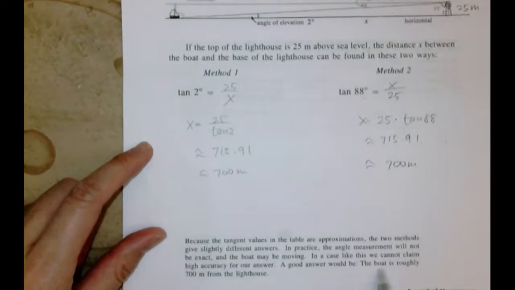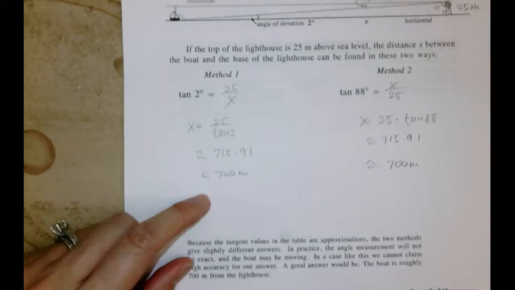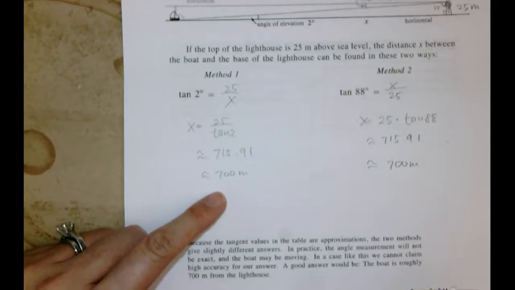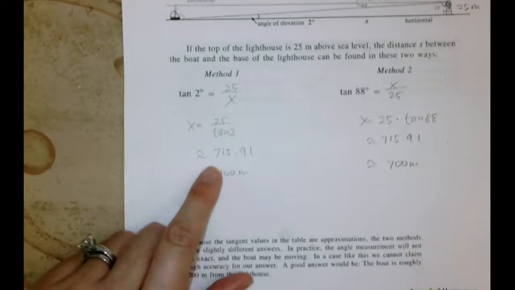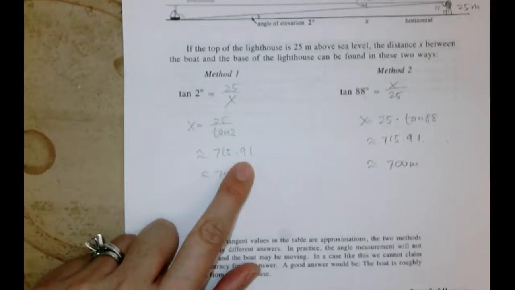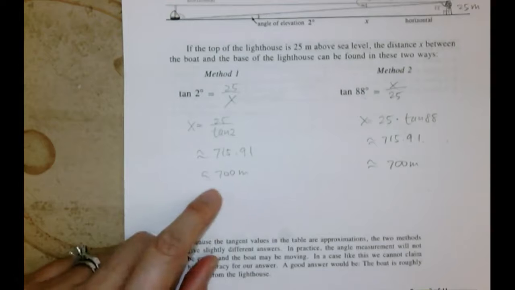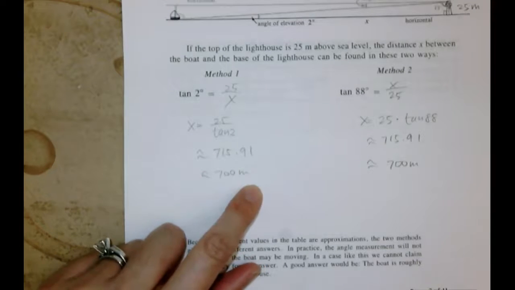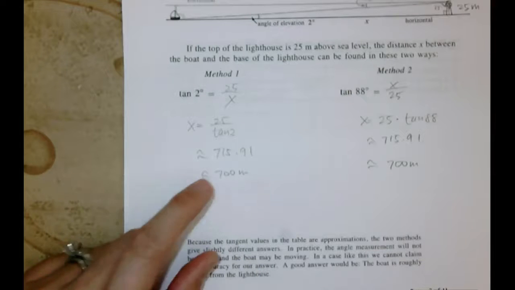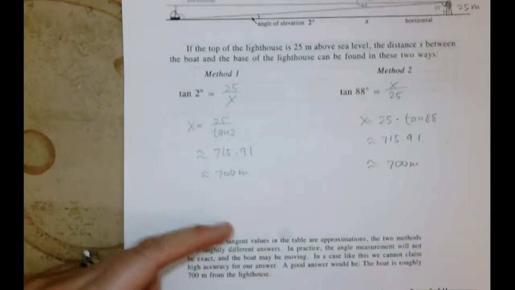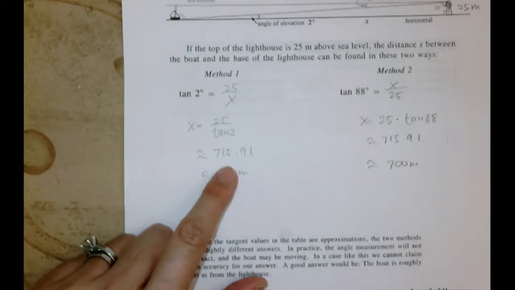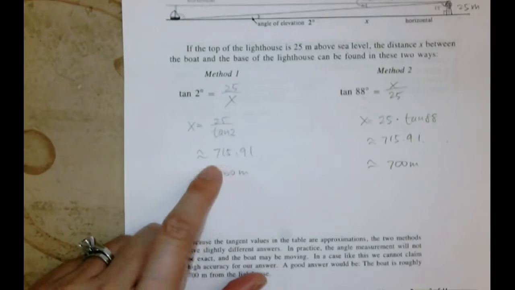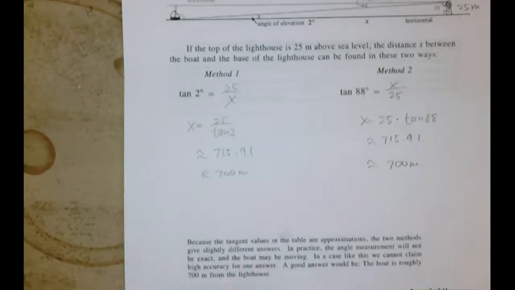A good answer would be the boat is roughly 700 meters from the lighthouse. If we say nearest tenth of meters, then you have to give 715.9. If it says nearest meter, then you have to give 716 meters, and if nearest 10 meters, then that would be 720, right? So you have to know where to round it based on what the problem is asking.